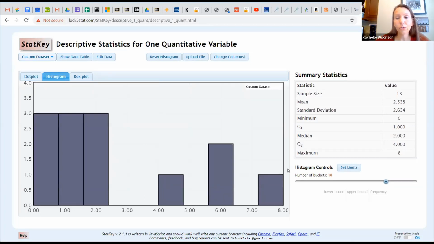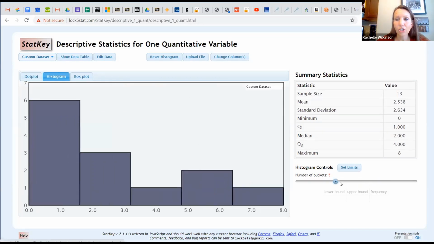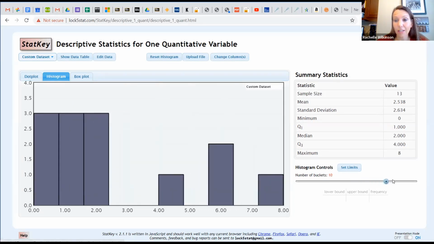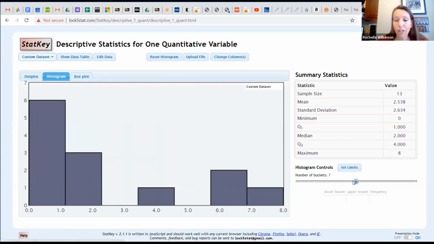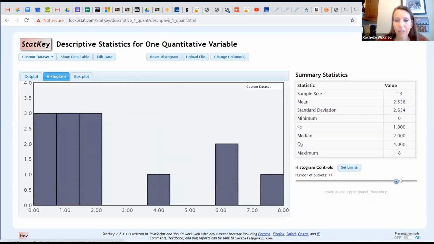Now you notice over here on the right side, there's this histogram controls button. And here you can use this slider bar to change what the bucket size is, basically. So you tell it how many buckets you want and it's going to adjust the graph based on how many buckets you're having.